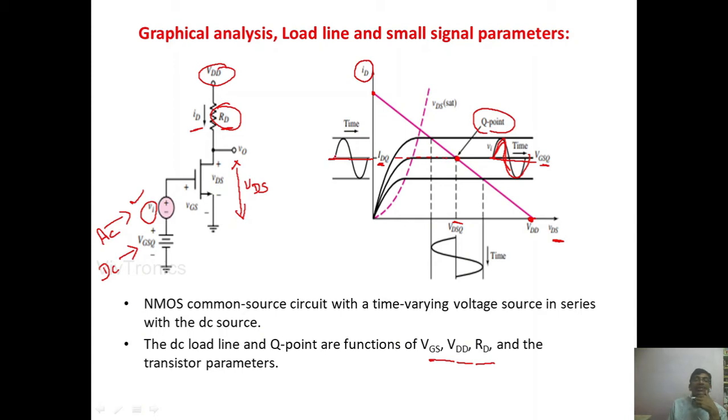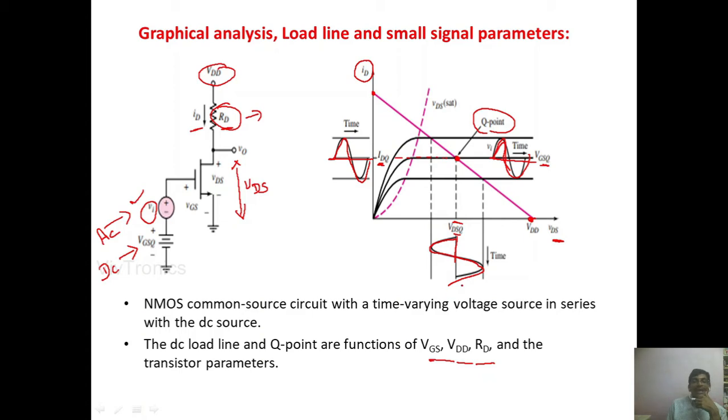On this IDQ line we are getting the output AC current ID, and when we have the output current, that will develop a voltage across RD, on the reference line of VDSQ, where VDSQ is the DC output voltage when no input signal is applied. On this DC output reference line we are getting the amplified version of the input AC signal.